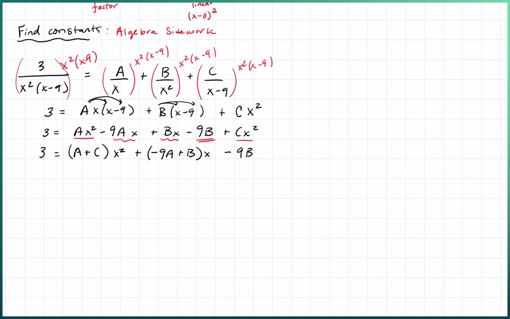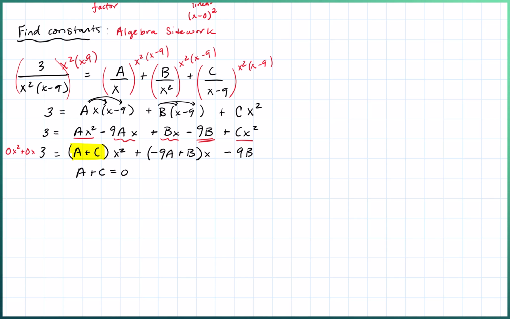So remember, when we equate coefficients, what we're saying is, okay, what's the coefficient on each side on the x squared term? So on the x squared term, notice over here, of course it's not written in, because there is no x squared term on the left side. So that means that the coefficient on x squared is 0. So that means a plus c has to be equal to 0.